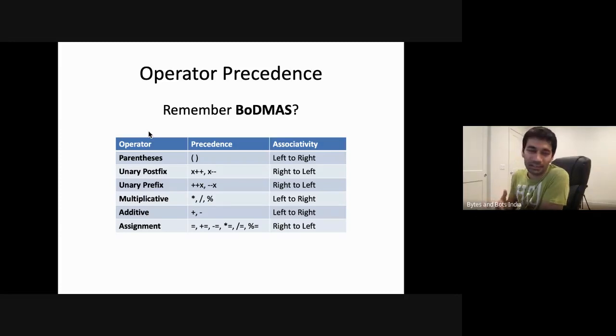But the point here is that when we do math, there's a certain order in which we solve equations. We first solve for brackets, and then division, multiplication, addition, subtraction. A few things can be interchanged, like division and multiplication. Similarly, addition and subtraction can be interchanged. But we try to follow a certain rule, right?